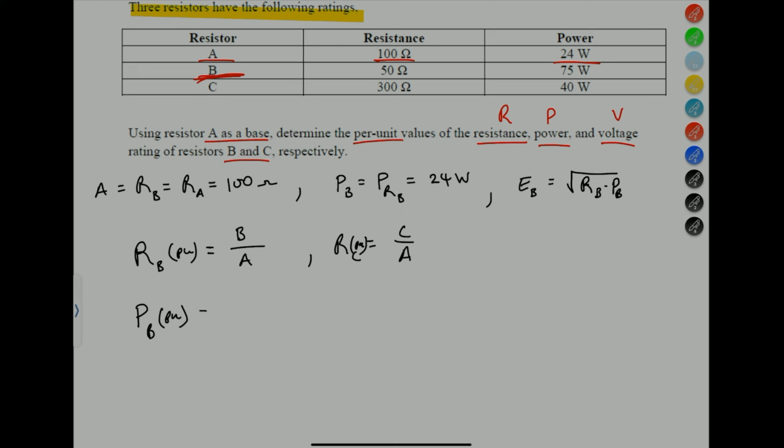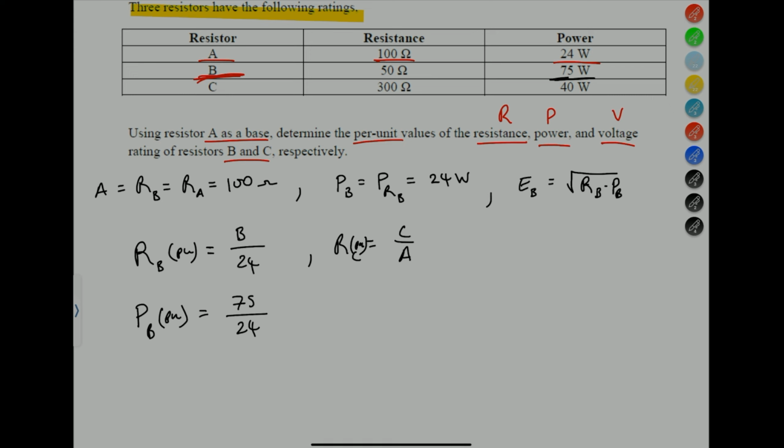So that would be 75 watt, because remember we're using resistor B. So the power rating for that resistor is equal to 75. So let's just use the numbers. That's probably what I should have done. 75, and that's divided by 24, because that is the base power.